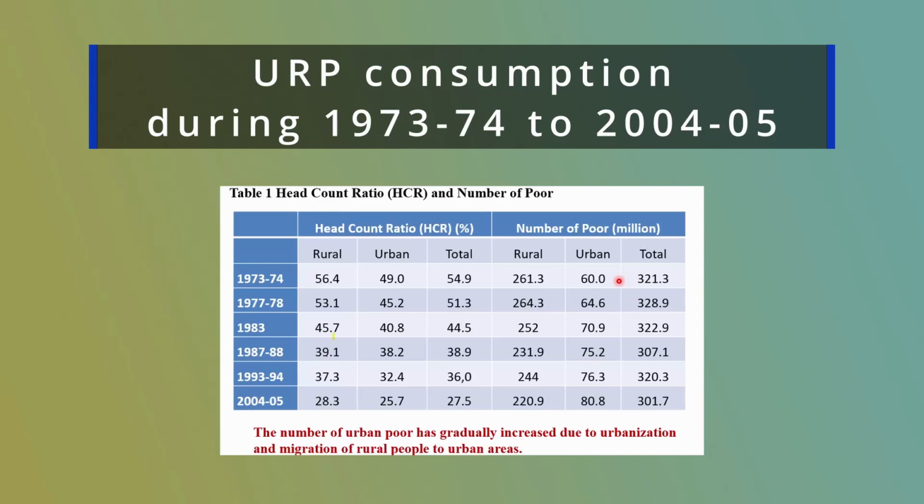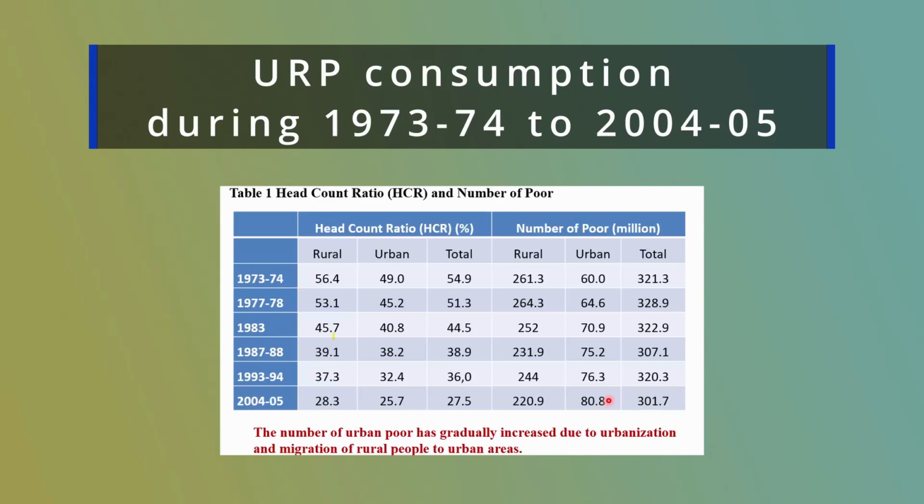But in case of urban India, in the year 1973-74, 60 million people were poor in the urban areas, but their numbers gradually increased thereafter, and in 2004-5, 80.8 million people were poor in the urban areas. That is, during this period, the urban poor gradually increased from 60 million to 80.8 million.